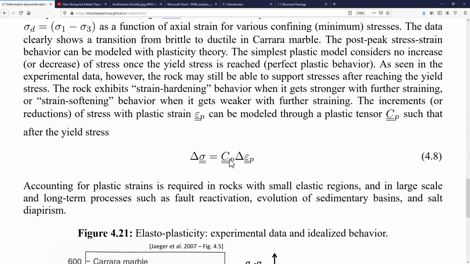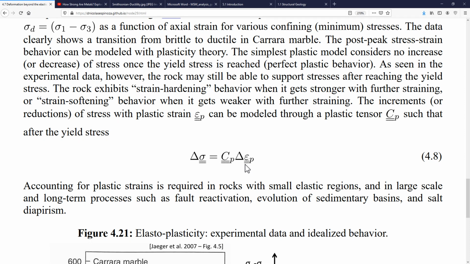Similarly to what we saw for elasticity, where we had an elastic stiffness matrix that related stresses to strains, with plasticity we're going to have something similar. But now we're going to have a plasticity stiffness matrix, and that matrix is going to depend on the model that we choose, and in general there are going to be several options for that.